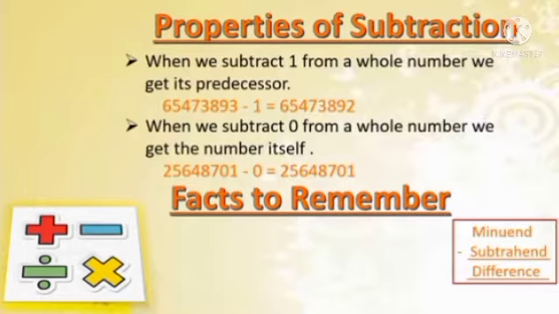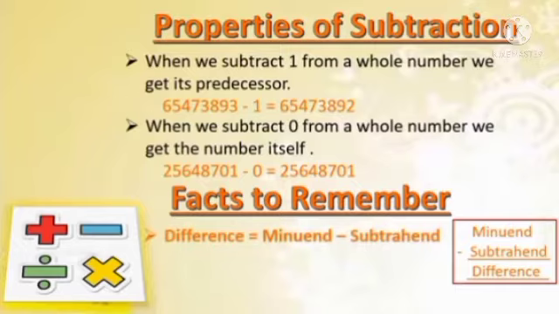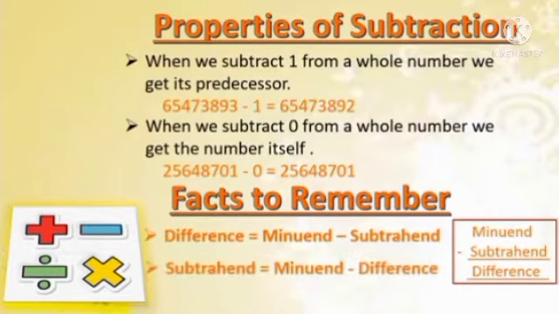Now let us see if any one term is missing, how to calculate it. If we have to find difference, subtract subtrahend from minuend. That is, difference is equal to minuend minus subtrahend. But if subtrahend is missing, we know the minuend and difference.